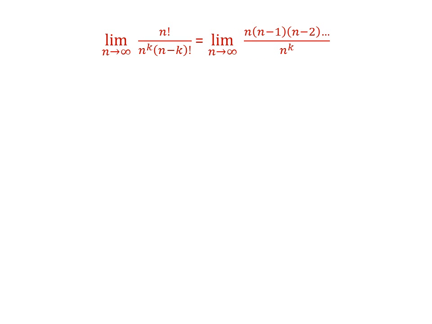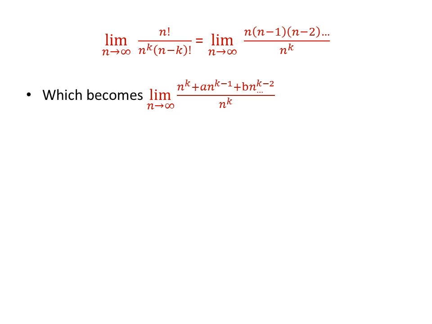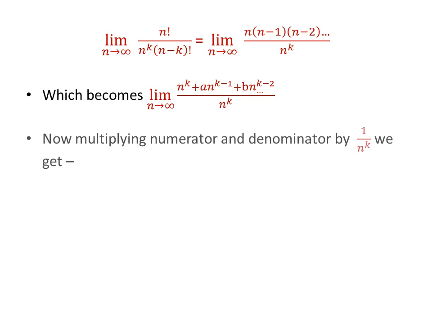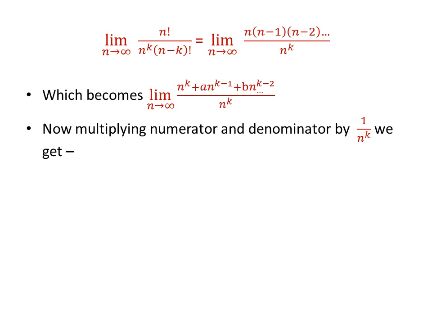taking the limit as n increases without bound, using the fact that the factors in the numerator can multiply together to give us a polynomial of degree k, taking the limit as n approaches infinity, and multiplying both numerator and denominator by 1 over n to the k, we now get this expression which approaches 1 as n approaches infinity.